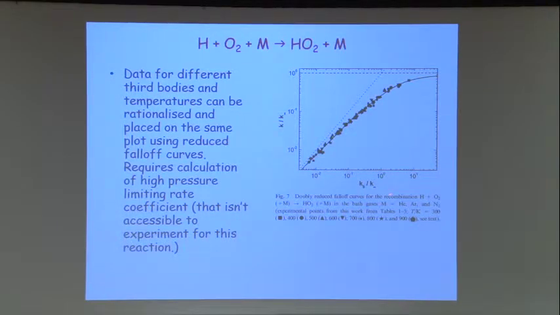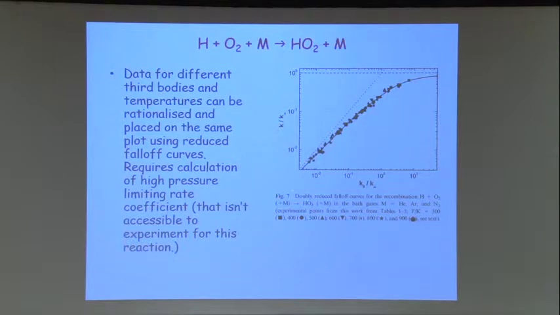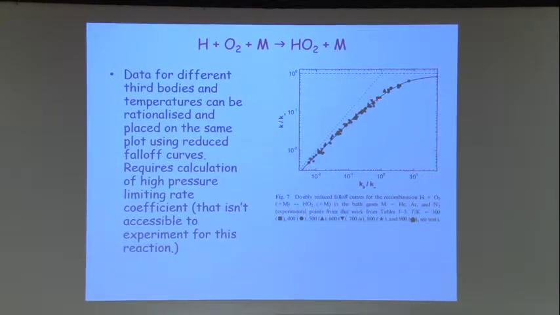The only trouble is you need K infinity to do this, and this requires a calculation of the high pressure limiting rate coefficient that isn't available experimentally. So they have to calculate that separately. But the nice thing is that this gives you a single representation in this reduced form for this rate constant essentially as a function of pressure. But you should insert a concentration of M in there, that should be K0 times M.